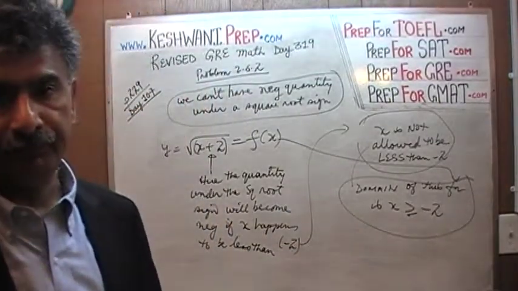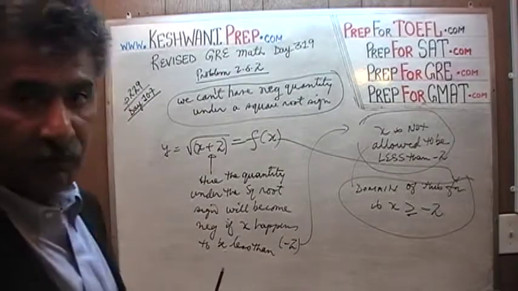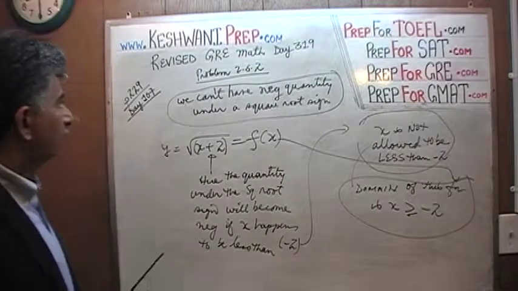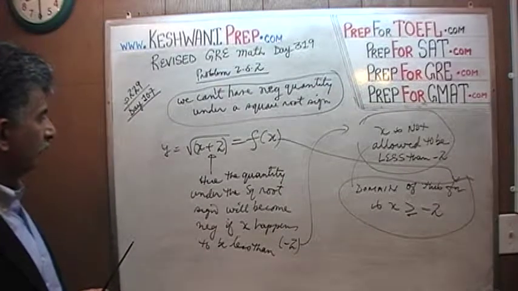Now let's do the problem that is in front of us, which is 2.6.2, the actual problem that we have to do. I need the room, so I have to erase stuff.